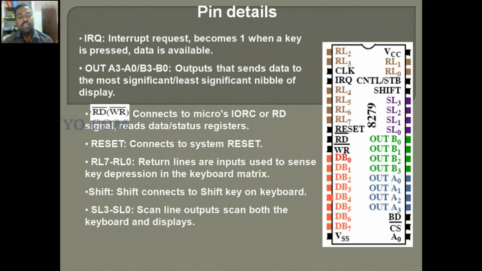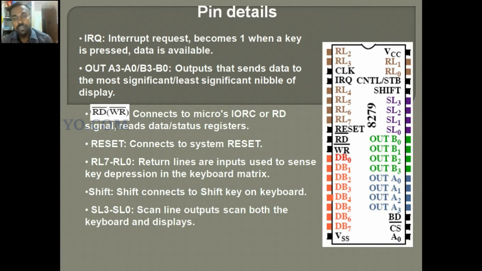Then RL0 to RL7, that is a return line, which is an 8-bit input to sense the key depression in the keyboard matrix. So this return line is used to sense the key depression.